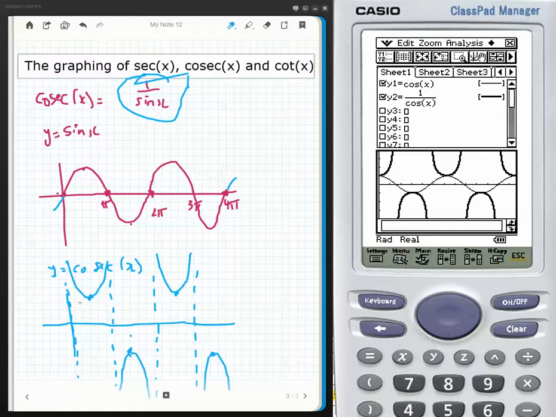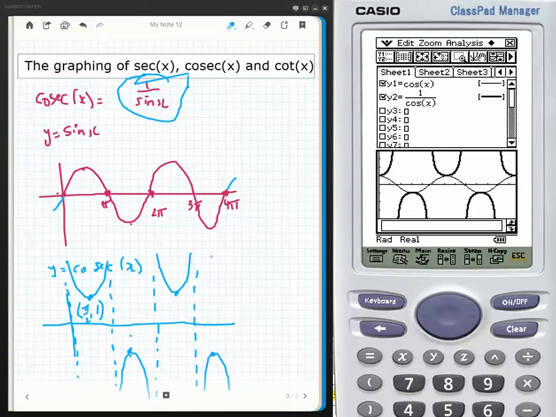Remembering that these points here will be pi on 2 and 1, 3 pi on 2 and -1, 5 pi on 2 and 1, 7 pi on 2 and -1.